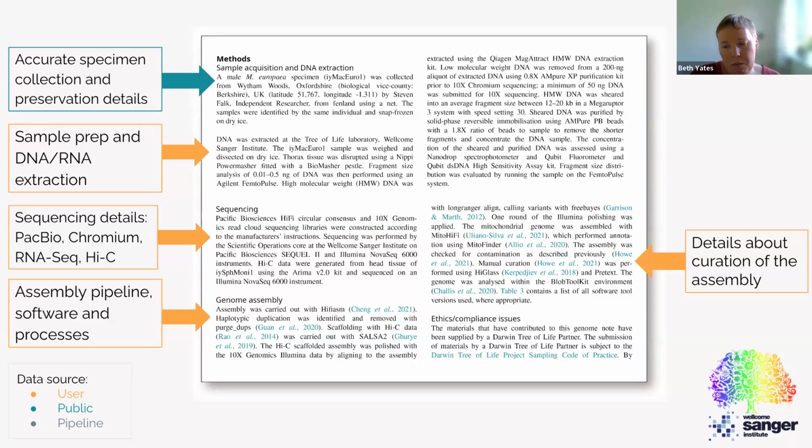And then we give details about the curation of the assembly. We have a team of curators that assess all of our assemblies, and they will do some analyses and try to make the assembly the best it can possibly be. All the changes that they make are tracked in an internal database, and we can pull that information into a genome note.